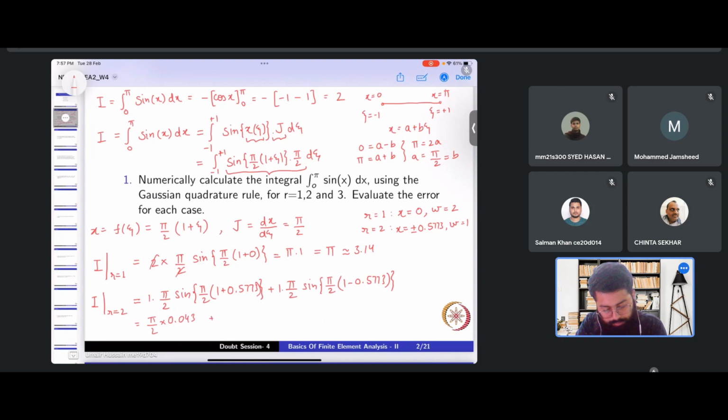So pi by 2 is common. Then we have sin of pi by 2 times (1 minus 0.5773).